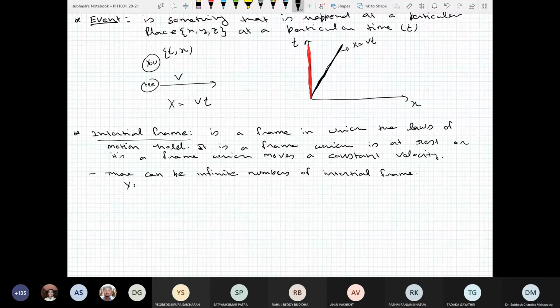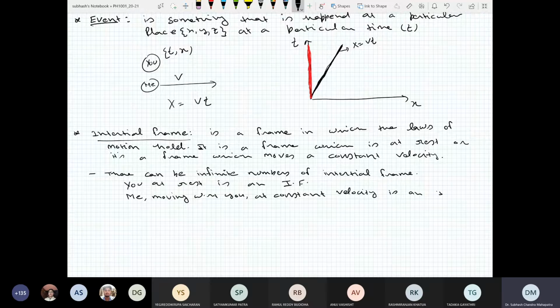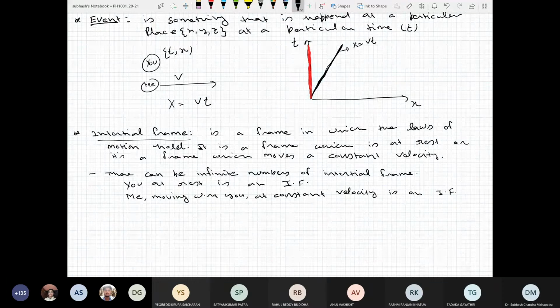You at rest is an inertial frame, and me moving with respect to you at constant speed, constant velocity, is also an inertial frame. So there is no unique inertial frame.